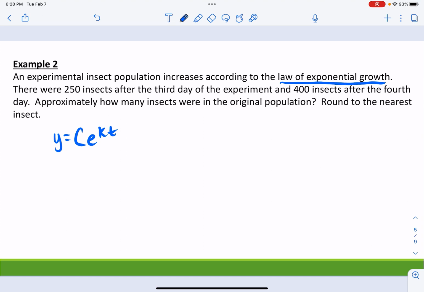So they are giving me the 3rd day, I have 250, and I have 400 after the 4th day. Approximately how many insects were in the original population? So what I need to do is solve for C, essentially. They give me 2 points.